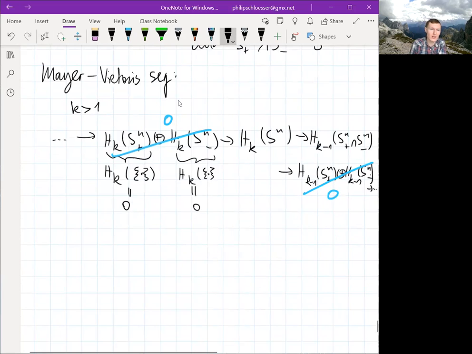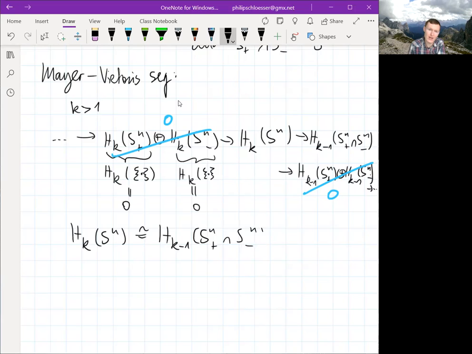Which means that the kth homology group of Sn is isomorphic to Hk-1 of the intersection of the hemispheres, but that one's just isomorphic to Hk-1 of Sn-1.